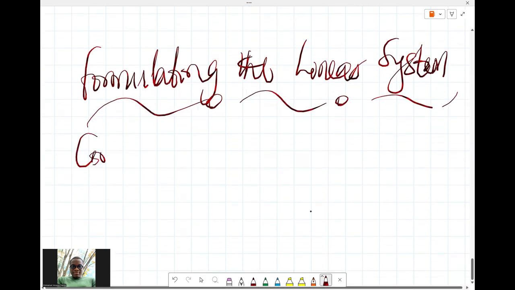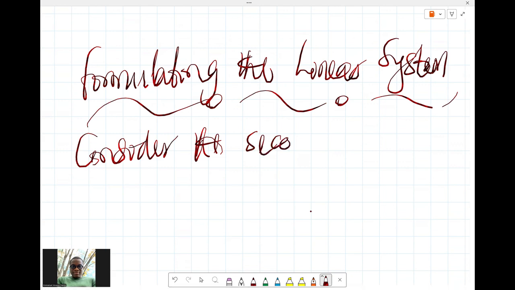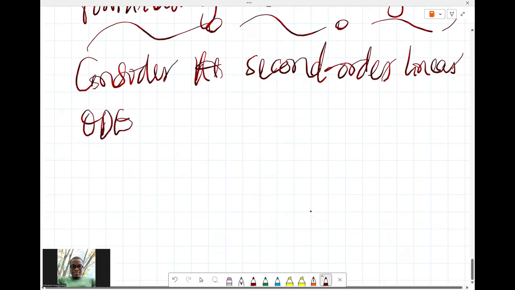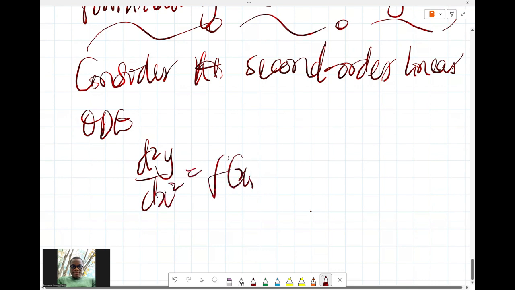So now you consider the second order linear ordinary differential equation, which is d squared y dx squared equal to f of x, y, y prime.